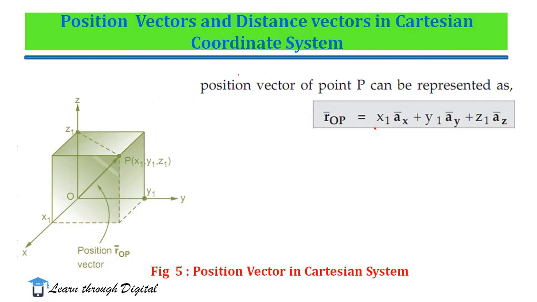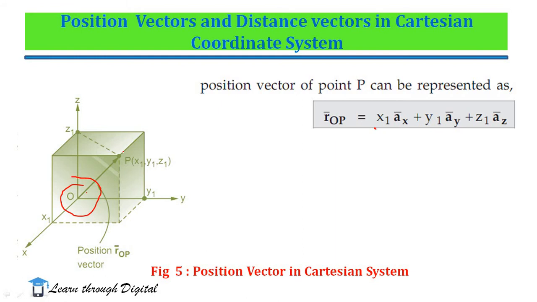Before going to discuss the differential elements in the Cartesian coordinate system, let's have a small look at the position and distance vector. Consider a point P, which is (x1, y1, z1) in the Cartesian coordinate system.